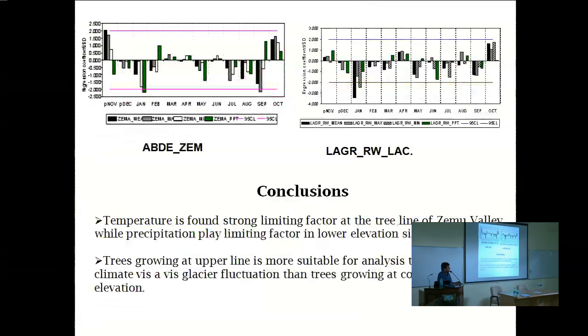So the conclusion of this work is that temperature, especially maximum temperature, is the limiting factor for the growth of trees at the tree line. So the maximum temperature may be reconstructed, or I have already reconstructed it in my thesis, for 400 years. Since the precipitation limitation has very high variability, we can't reconstruct it.